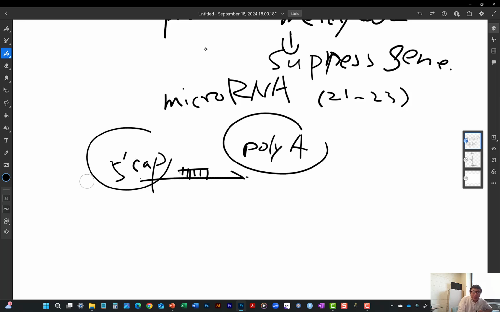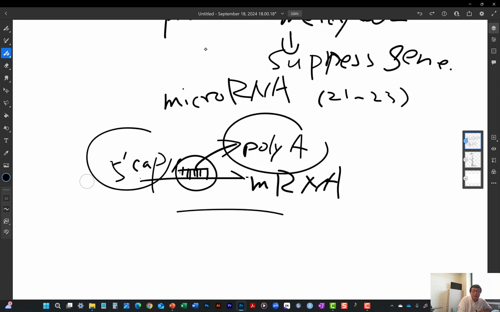And if this mRNA happens to be captured by the microRNA by complementary binding to the center, this microRNA will make the poly A tail be removed, shortening much faster. And this mRNA becomes very unstable. So microRNA binding silences the mRNA. So there's another level of regulation of gene expression.